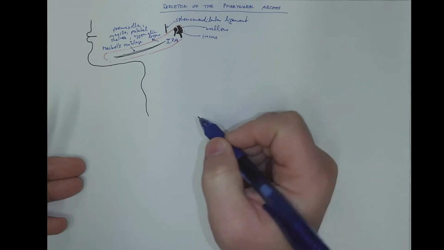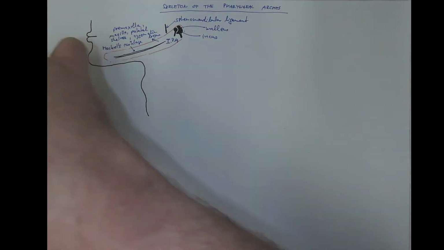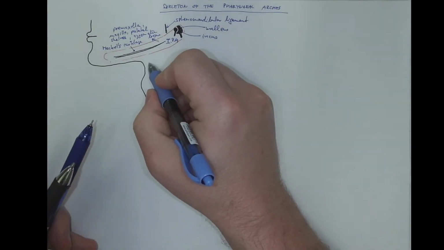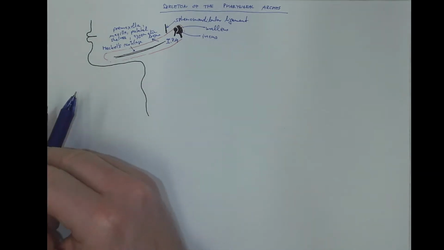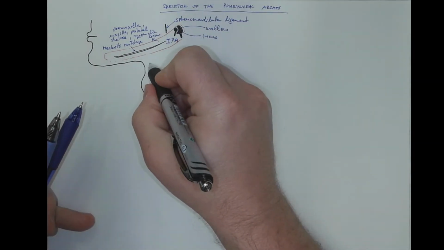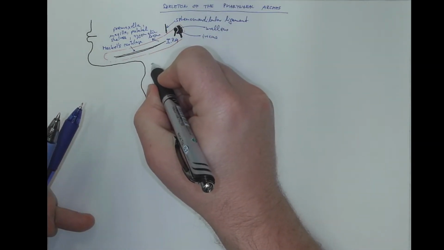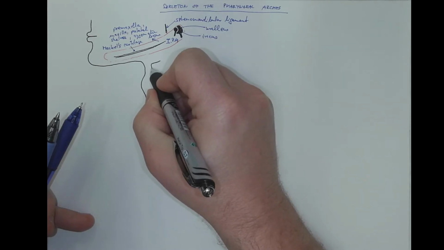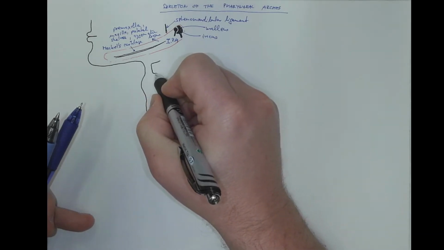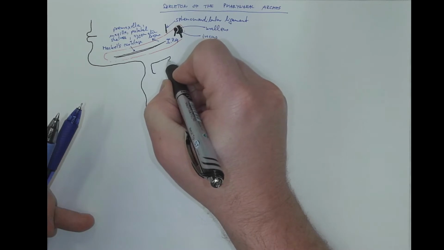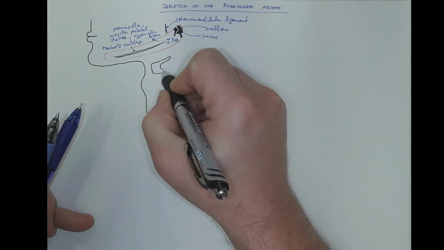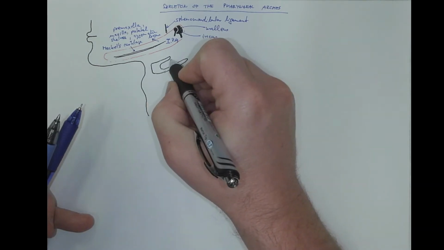The second pharyngeal arch, I will use blue color for that, gives rise to the upper part of the body of the hyoid and to the lesser horns.